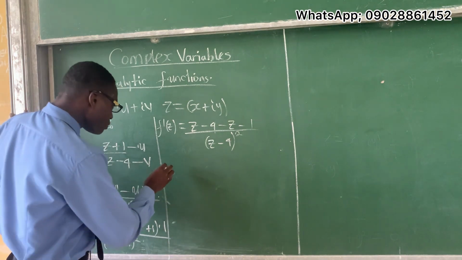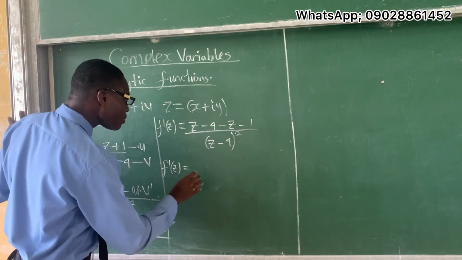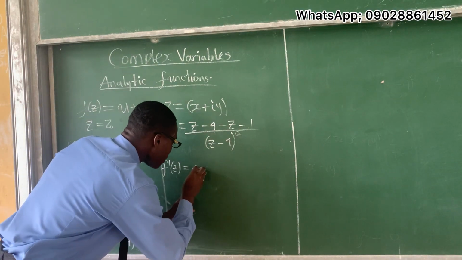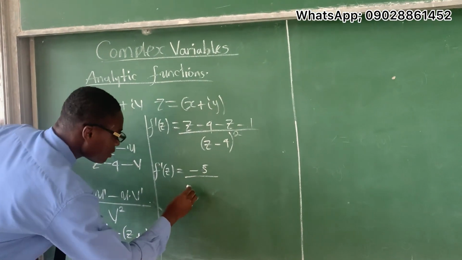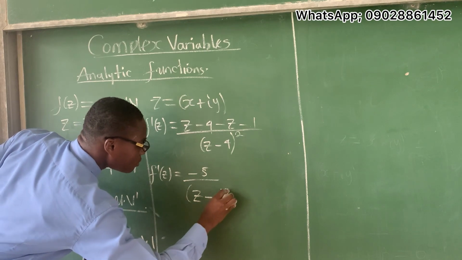So we are going to have f prime of z equals, we cancel out z, minus 4 minus 1 will give us minus 5 over z minus 4 squared.